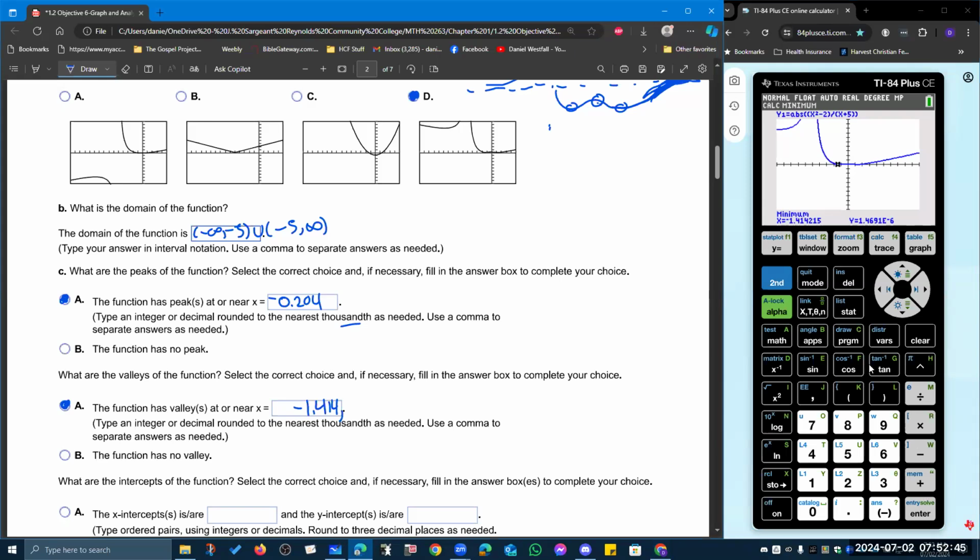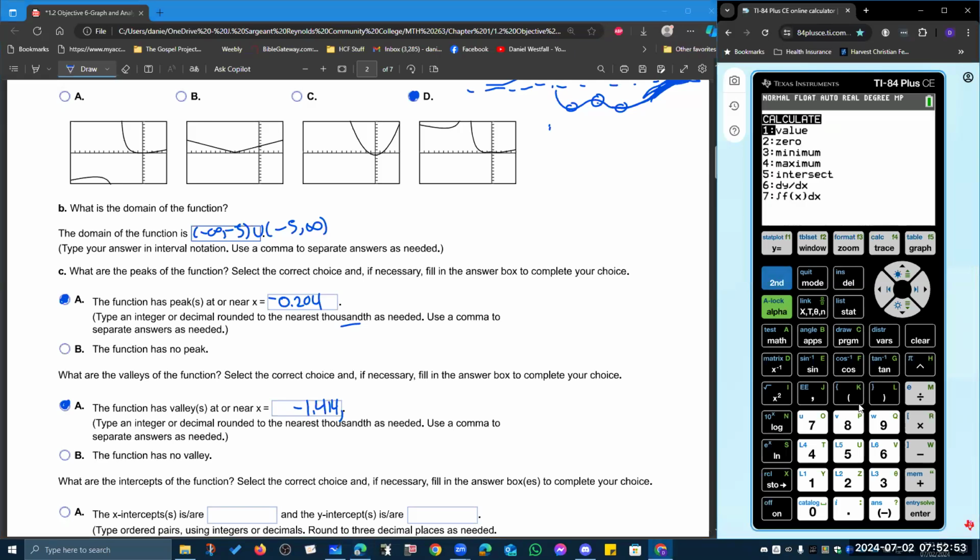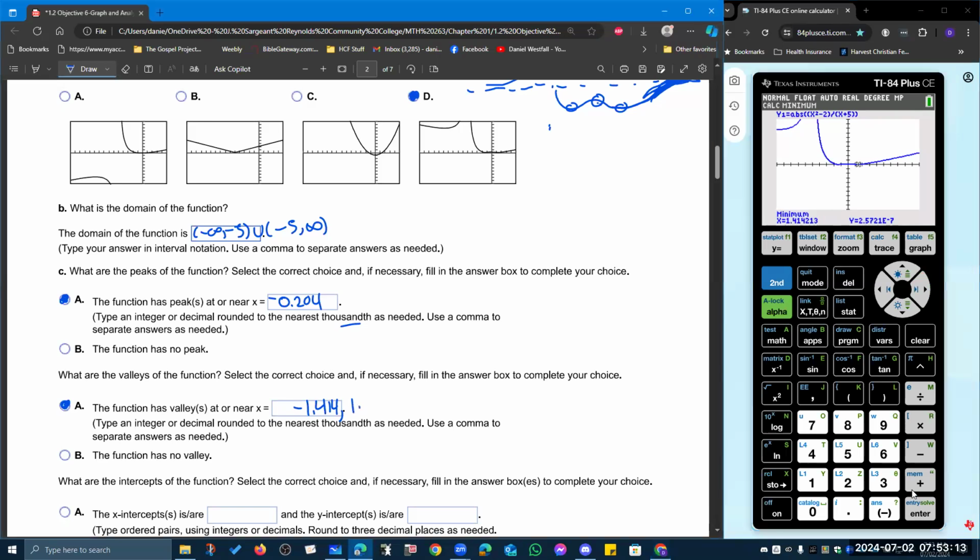Okay. There's another one over here at +1.414.